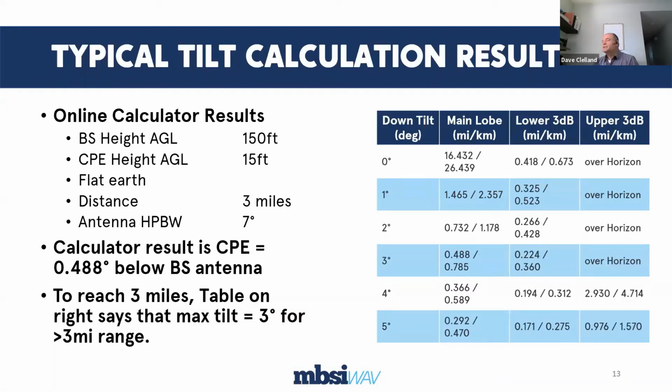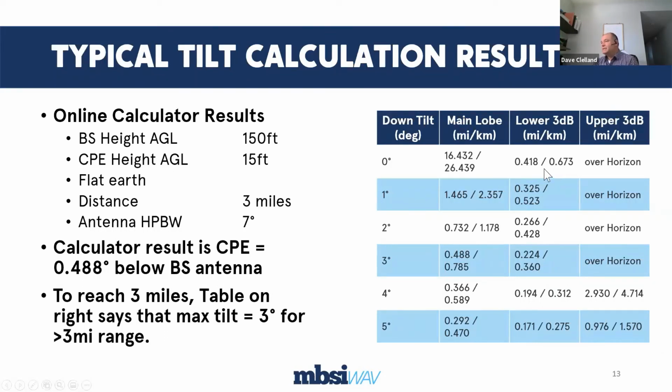Some typical calculation results here, using this particular antenna that I've got, because of the electrical down tilt. If I set my mechanical tilt at 0, I find the upper edge of my antenna is over the horizon. My lower edge of the lower main lobe is at about 0.6 of a kilometer away from the site.